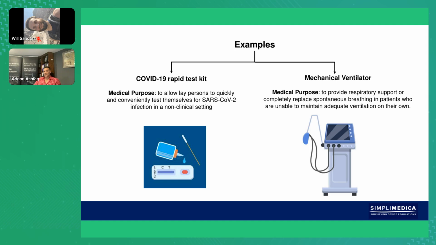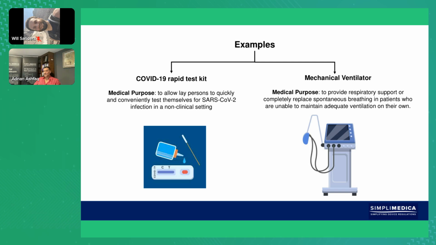Some of the examples I'm going to look at: a device which is portable, disposable, and to be used in the home or a non-clinical setting. It can also be used in a clinical setting, but that would be a COVID-19 rapid test kit. Most of us are familiar with that from a user perspective since the recent pandemic. And then also a mechanical ventilator, which on the other hand would not be used in a home environment, but in a hospital environment.